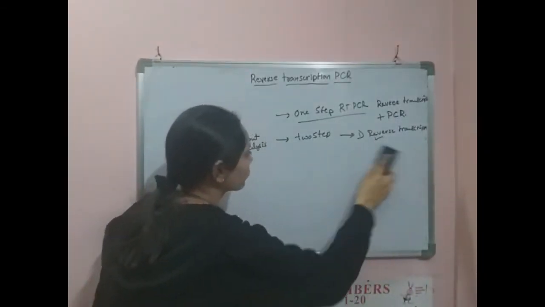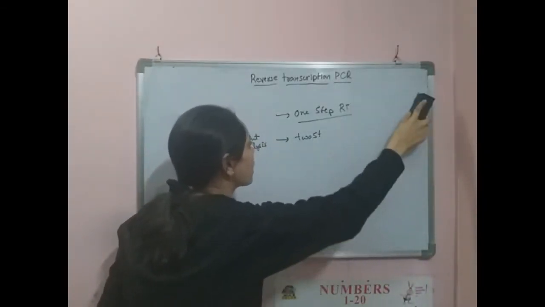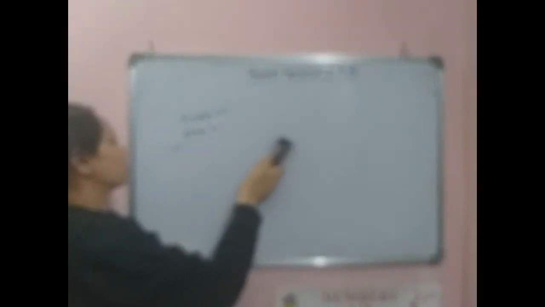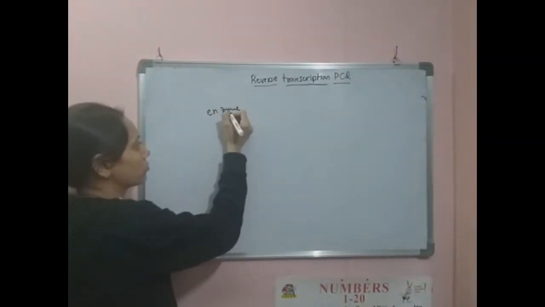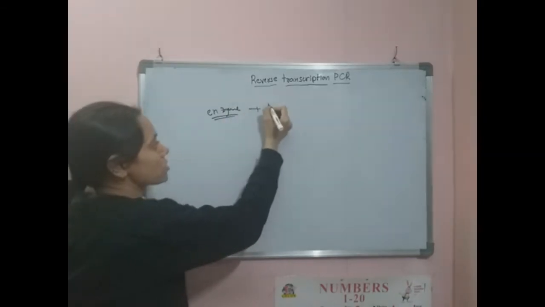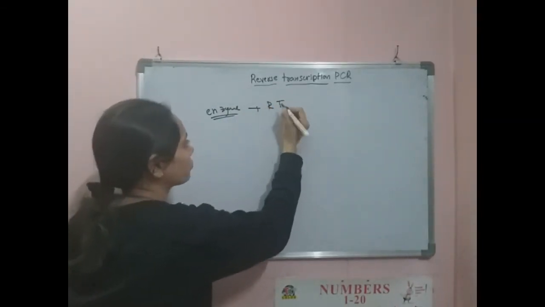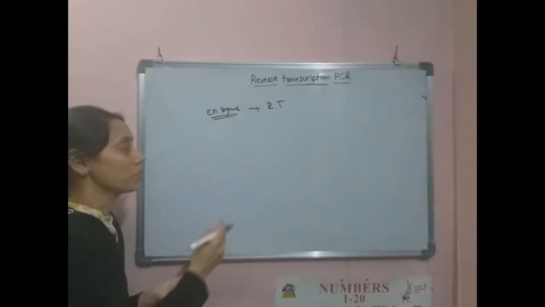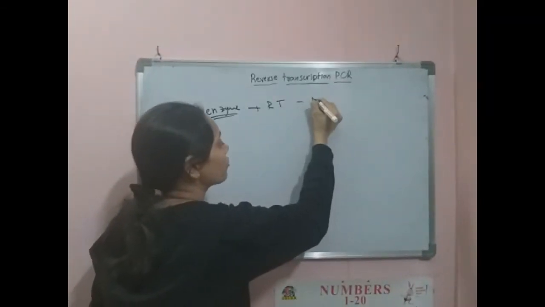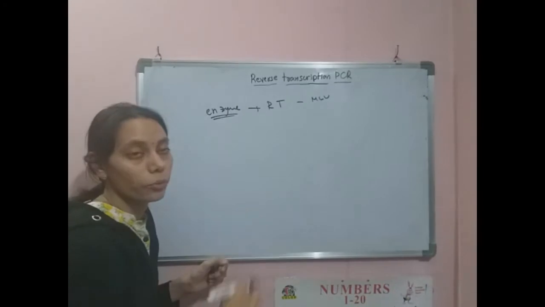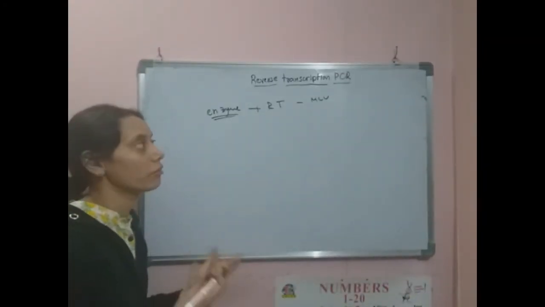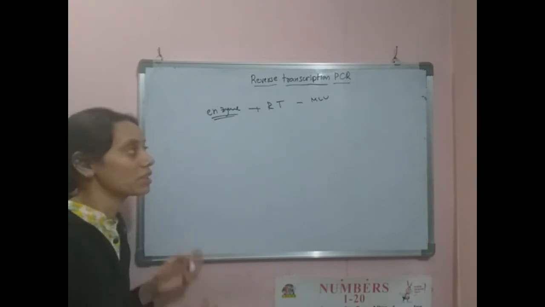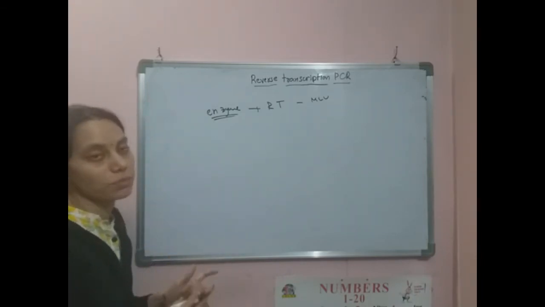So here, as we discussed, let us talk again about the enzymes. Generally, the reverse transcriptase enzyme is obtained from MLV, the murine leukemia virus, and this virus is mutated and genetically engineered in such a way that it is easily adaptable to experimental purposes.